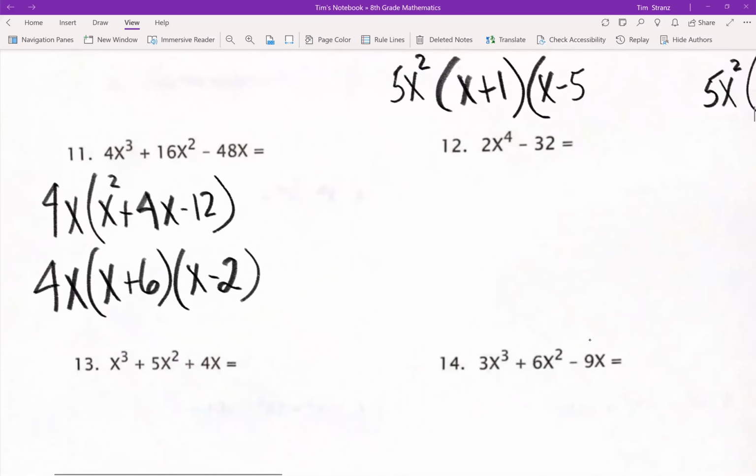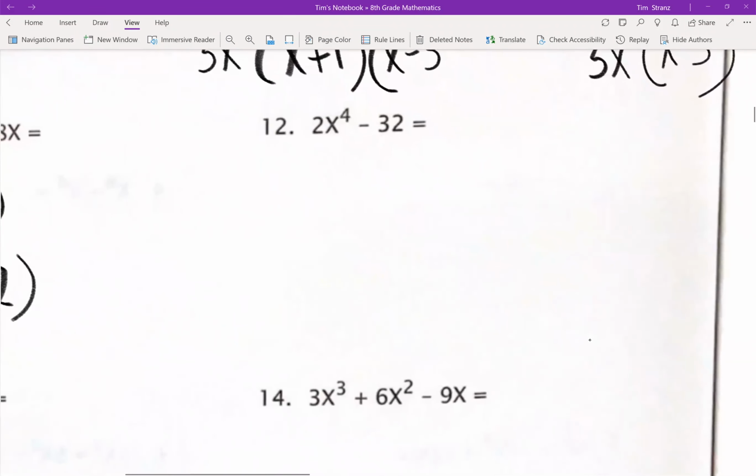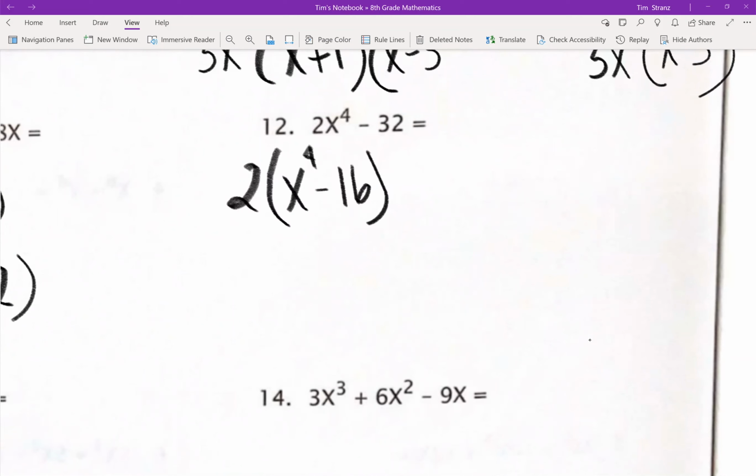Let's look at number 12. We have 2x to the fourth minus 32. The greatest common factor of 2 and 32 that I'm going to be able to pull out is the 2. That's going to leave me with, I'm sorry, not x squared, x to the fourth minus 16. And I can break that down.